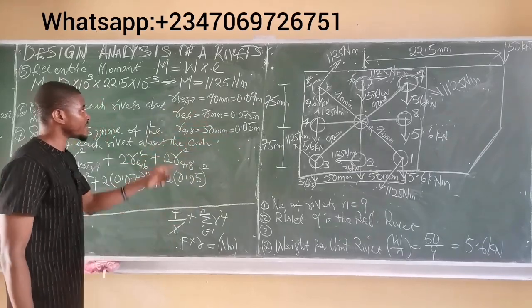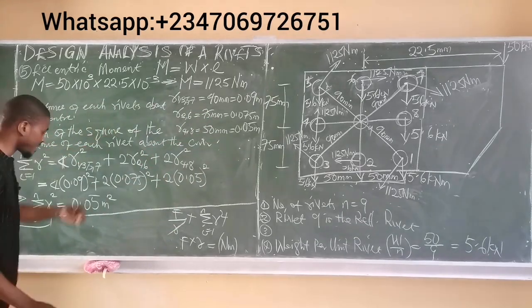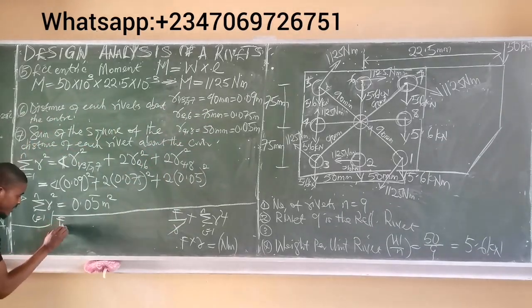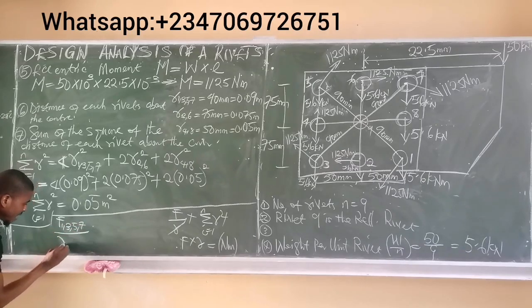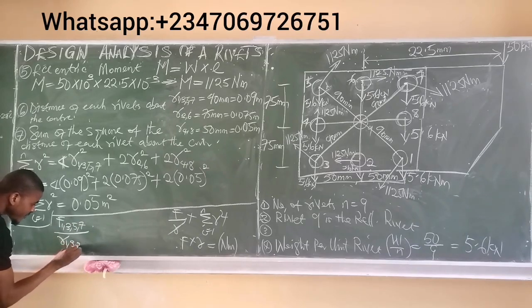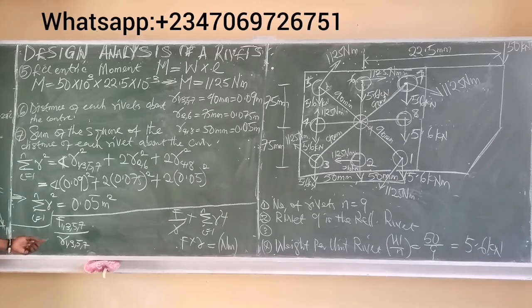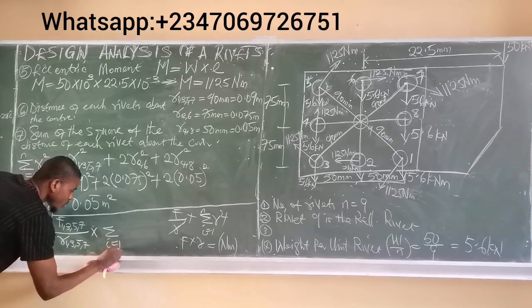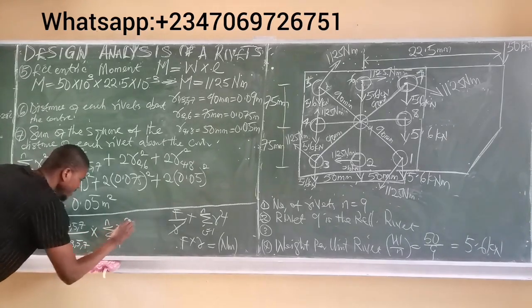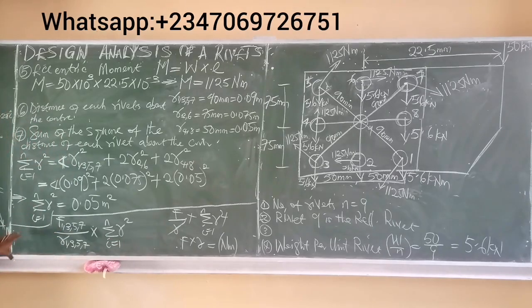Since they are all the same, for the first case I'm going to have F1, 3, 5 and 7 all over r1, 3, 5 and 7, because these rivets take the same distance to get to the central rivet. Therefore, the same intensity of force will act on them. Now if this is multiplied by the sum of the total distances, summation from i equals 1 down to n of r squared, then we have the moment in the first case.